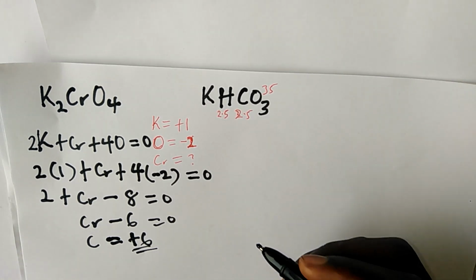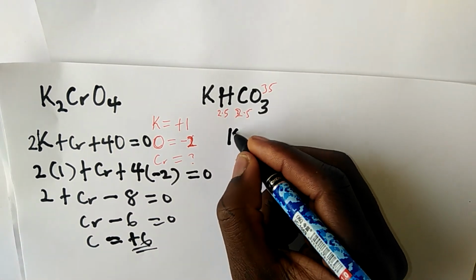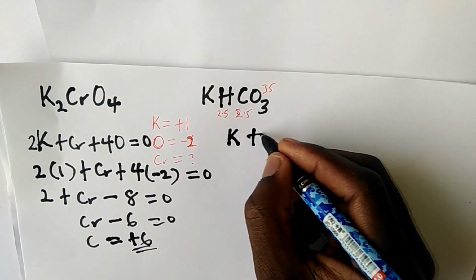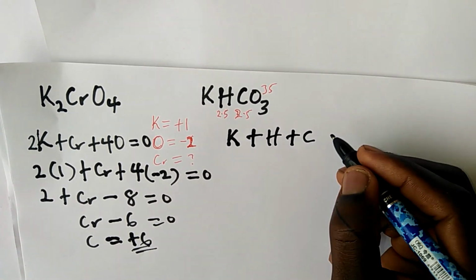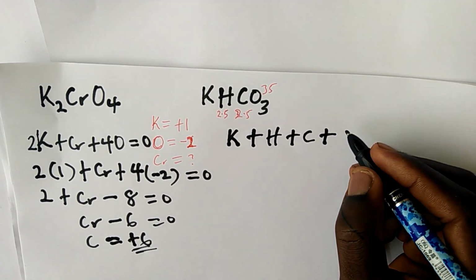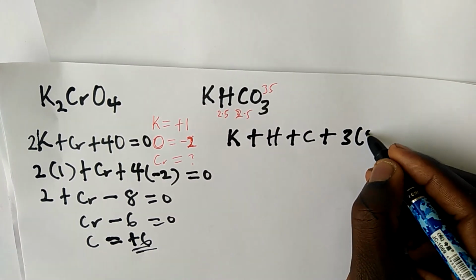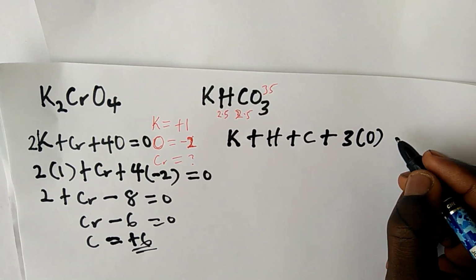So we say potassium plus hydrogen plus carbon plus 3 oxygen is equal to 0.